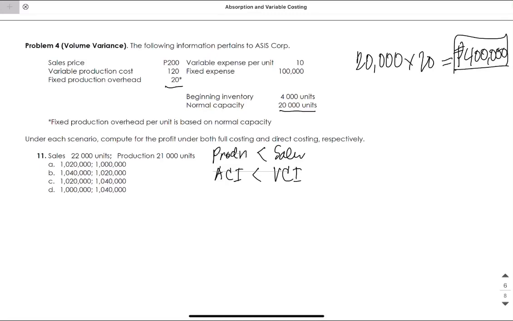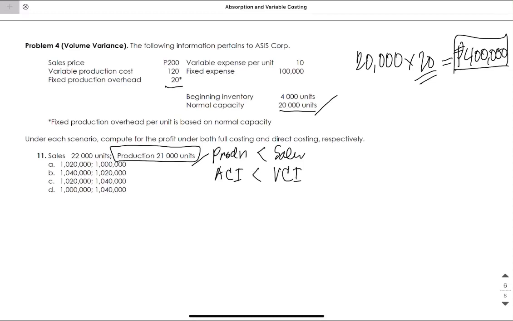Okay, but when we produce, we're going to apply this 20 pesos fixed production overhead rate to the entire 21,000, to the actual production. And that's why there would be a volume variance. So the volume variance pertains to the difference between the normal capacity and your actual production, in units.